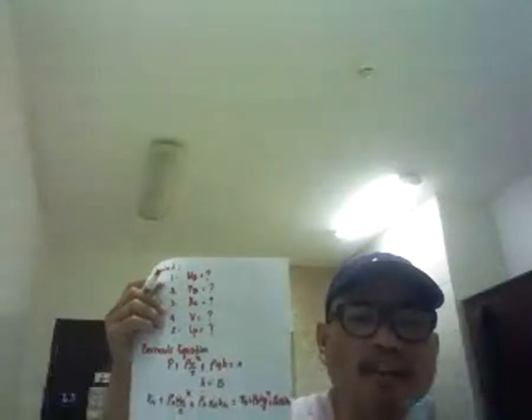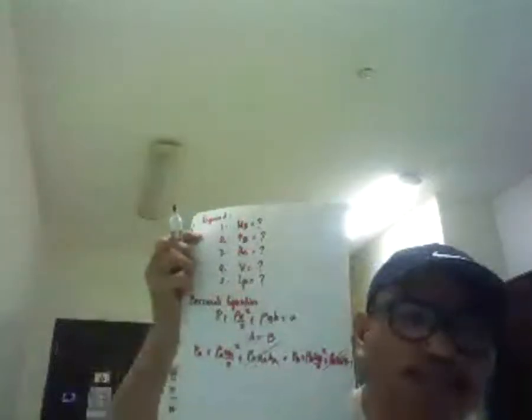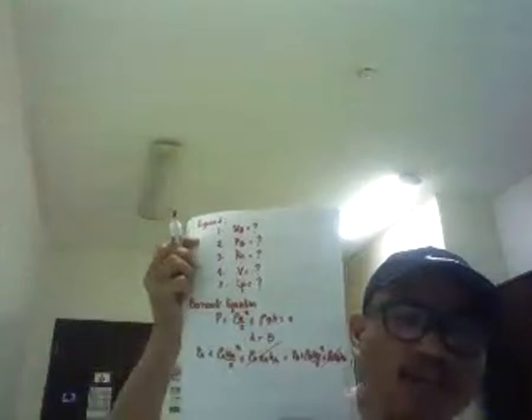It's just the same, and there's no elevation. So 0, rejected from the equation. So what will be left is these quantities. Okay, rearrange the equation, something like that.